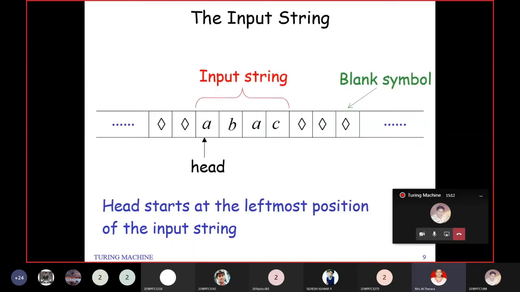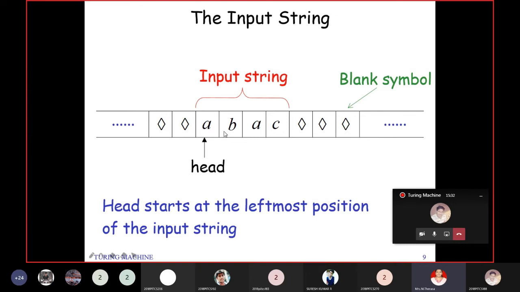Then we'll talk about the input string in the Turing machine. Since you have an infinite input tape, you can place the input string anywhere on the tape, but the read-write head will point to the first symbol of the valid input string.